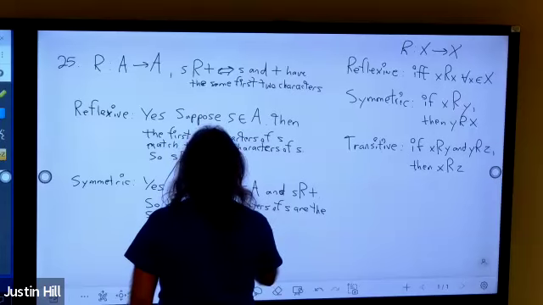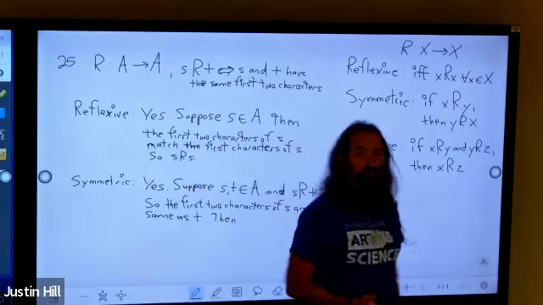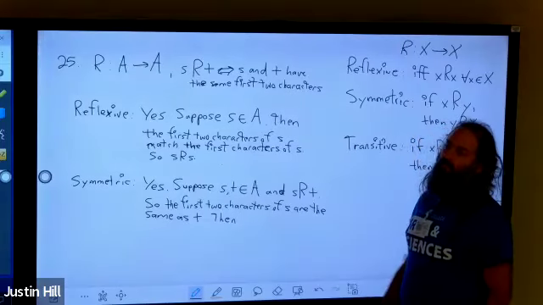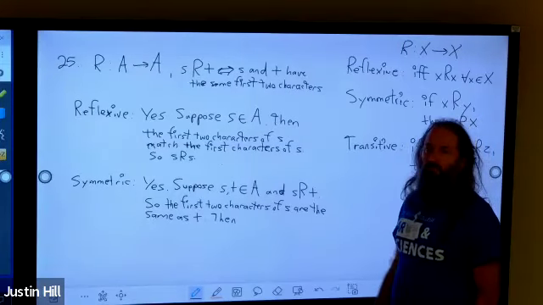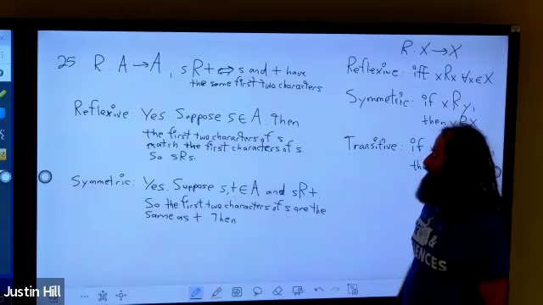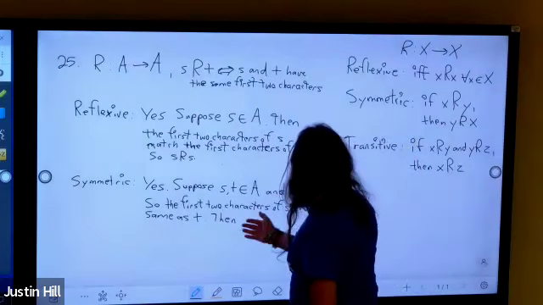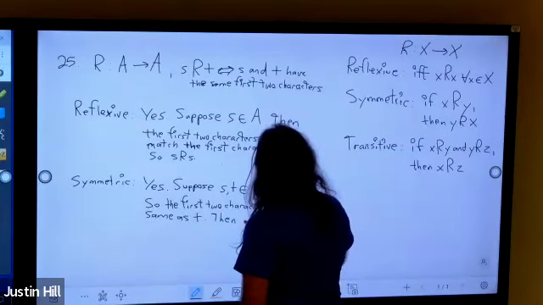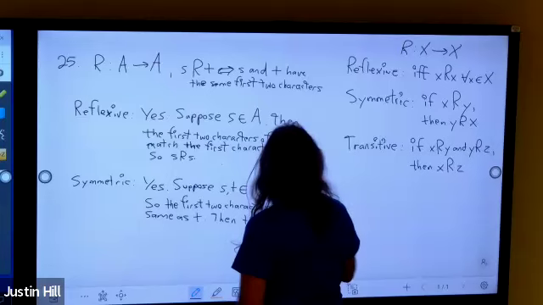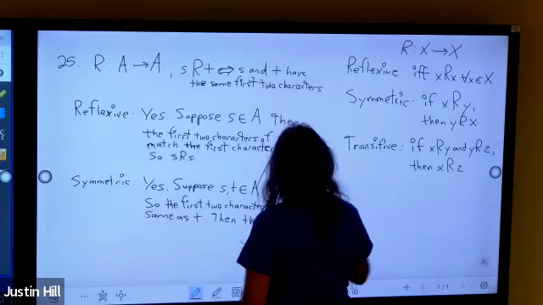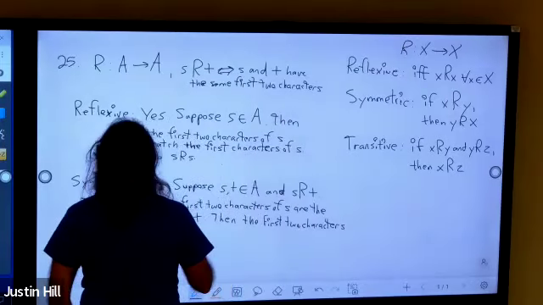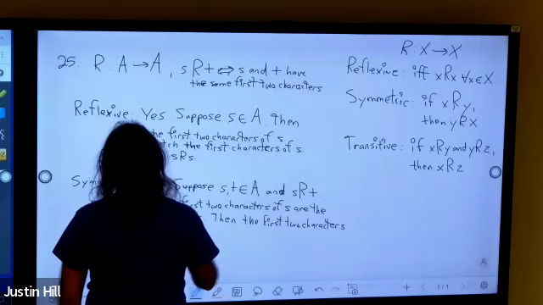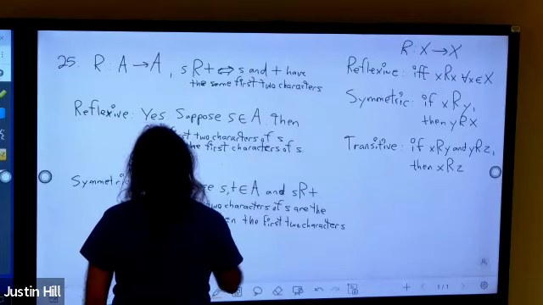So then, this next line is going to sound redundant, and I would probably even argue whether you have to include it. So the first two characters of S are the same as T. Then the first two characters of T are the same as S.